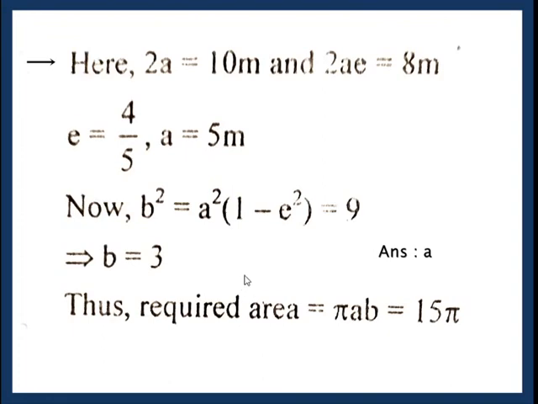You should know the formula. The formula for the area of an ellipse is pi ab. Can you correlate this? I can write the equation of a circle as x square upon a square plus y square upon a square equal to 1, right? Now, what is the area of the circle? Pi a into a. In the case of an ellipse, one a is b. So the area is pi ab, that is 15 pi.